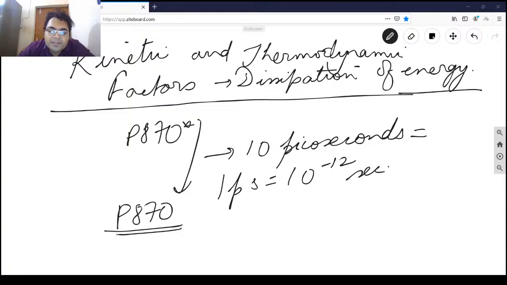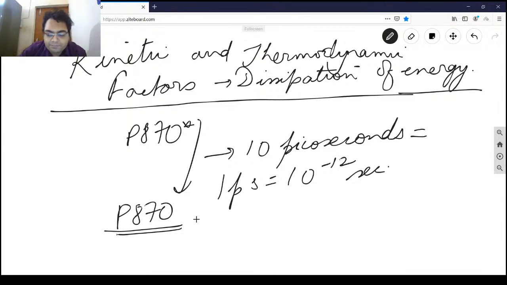So this accounts for the high efficiency and rapidity of the reactions. Nothing is left to chance collision or random diffusion. The exciton transfer from one antenna chlorophyll to the special pair of the reaction center is accomplished in less than 100 picoseconds, with an efficiency of more than 90%.